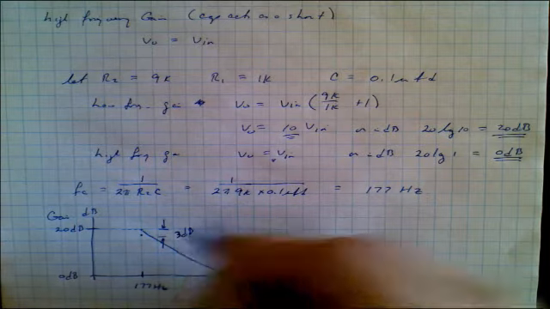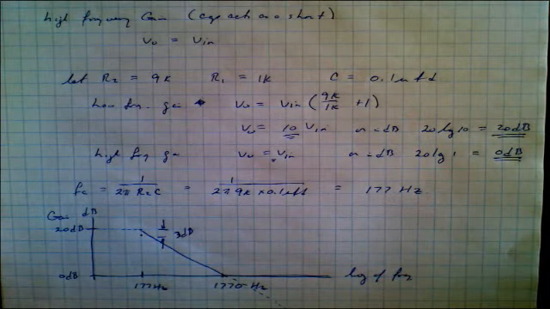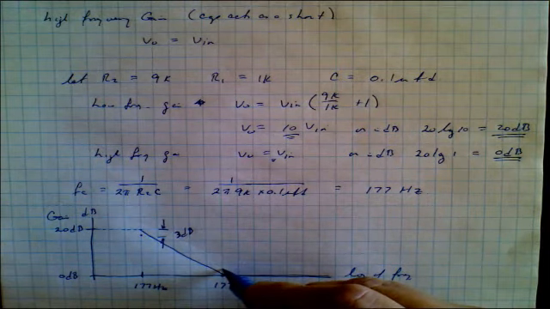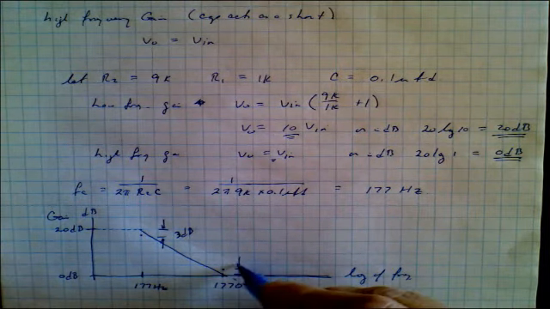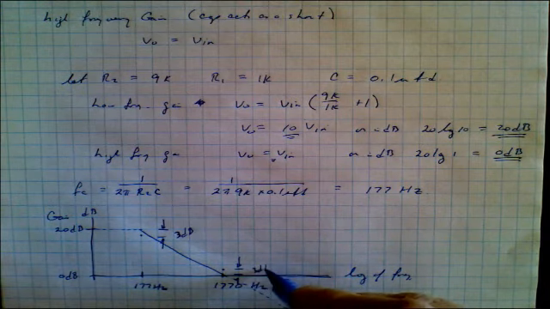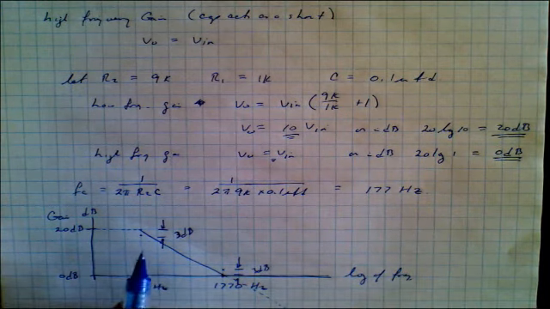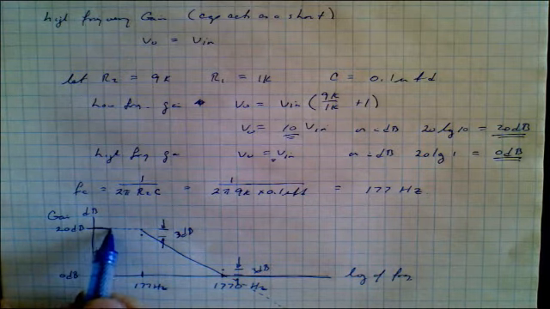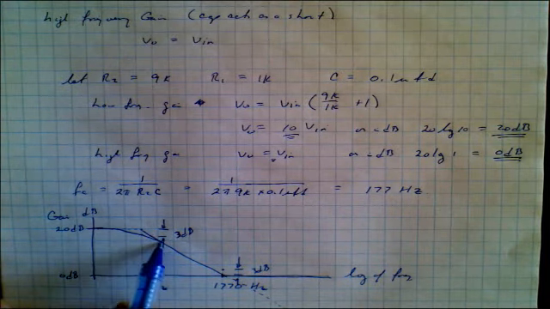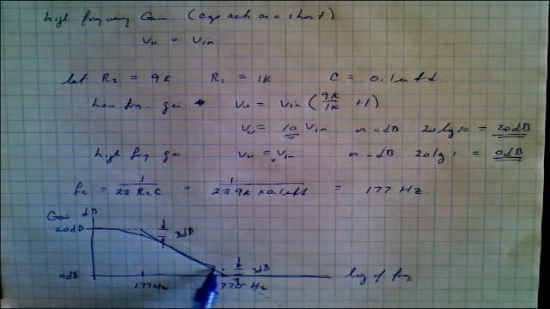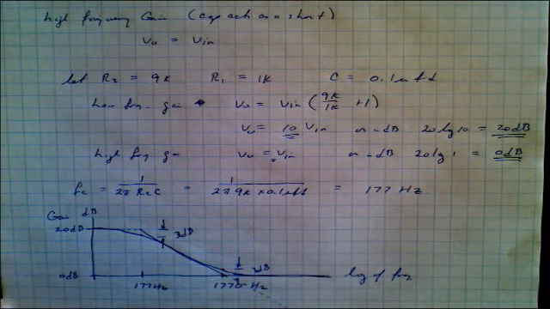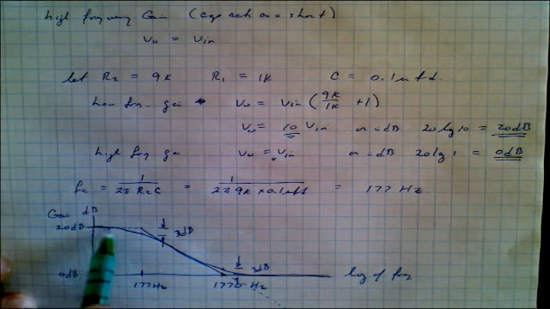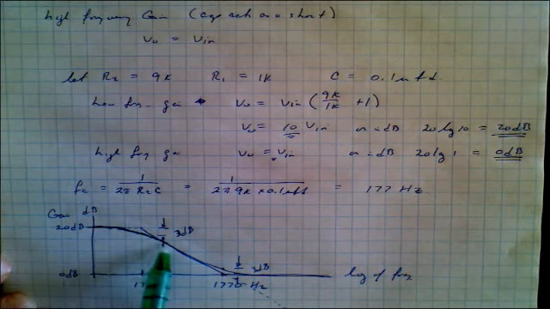That's the difference between the real value and the approximation. And likewise, on this curve, we're going to be up by 3 dB. And if we were to now draw the actual curve, it would be more like this. And this now represents the actual frequency response of this circuit.